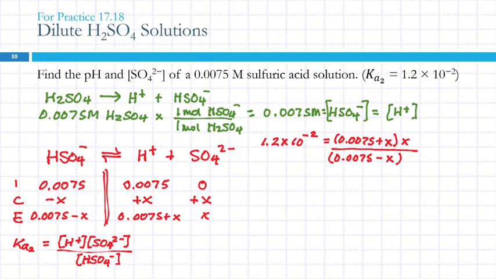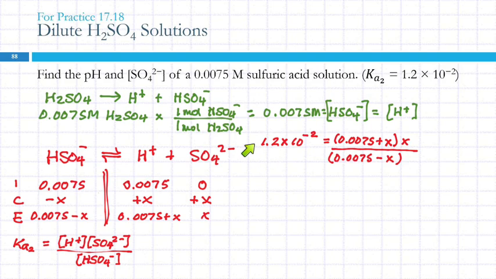And we could look at this one compared to the one we ended up with on the previous slide and say, oh, well, if X is small, this would really become simple, wouldn't it? X would just be this. But this is a fairly large equilibrium constant.